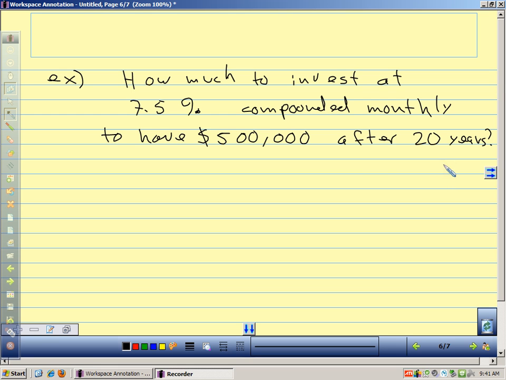So we want to figure out how much we need to invest to end up with $500,000 in 20 years. And we're investing at 7.5% compounded monthly. So we're going to plug into our formula and solve for the part that we don't have.